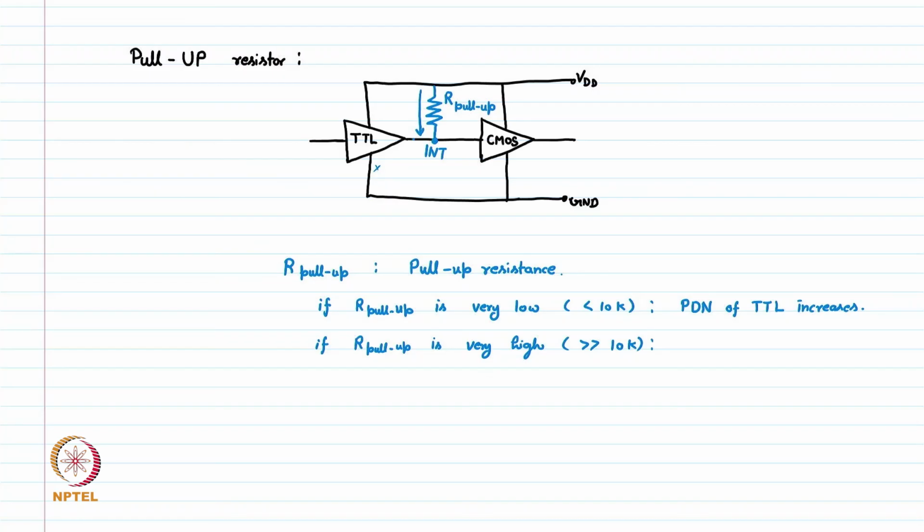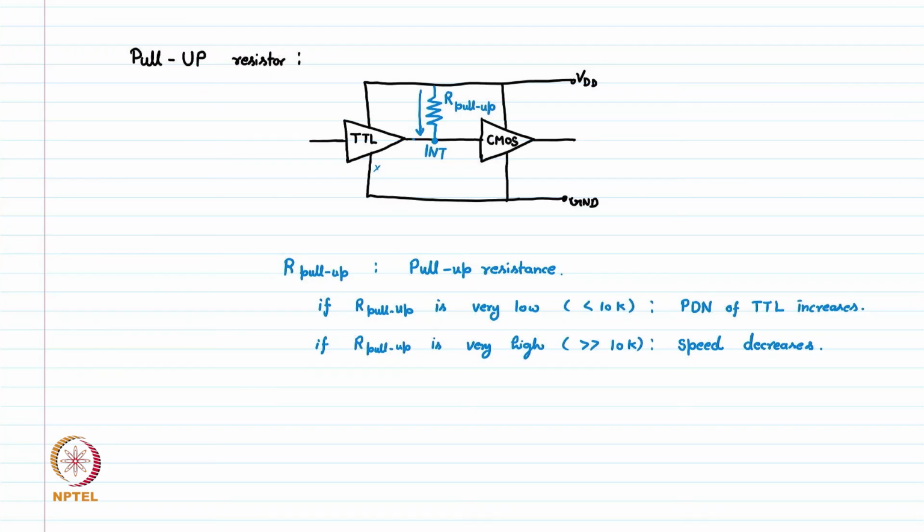So, the input node rising will have a very slow response. It means the speed of operation decreases. So, we have now a trade off between the PDN of TTL versus the speed of operation.